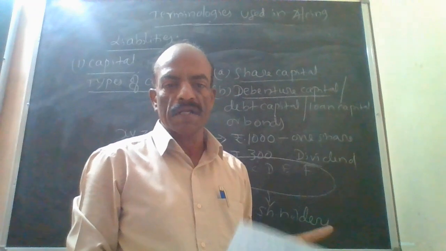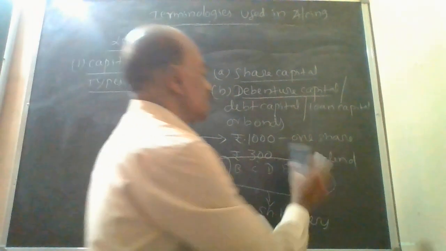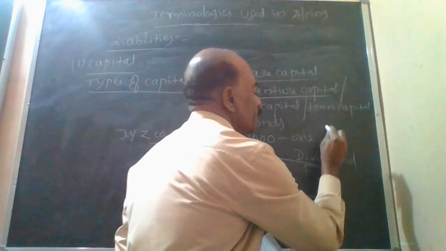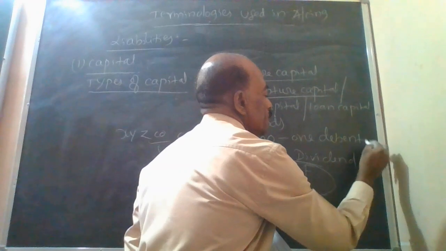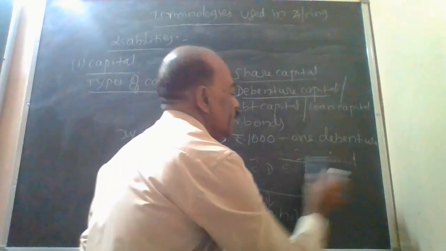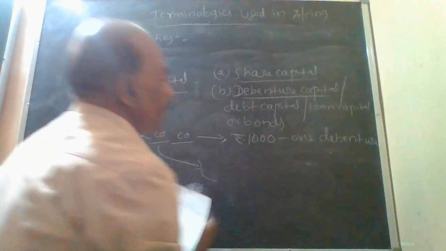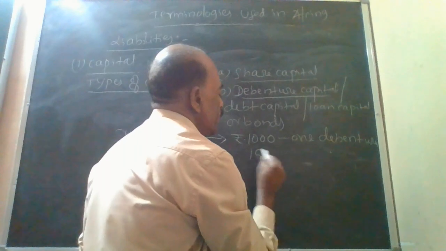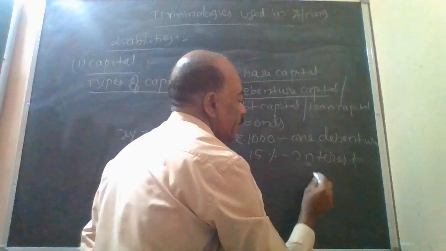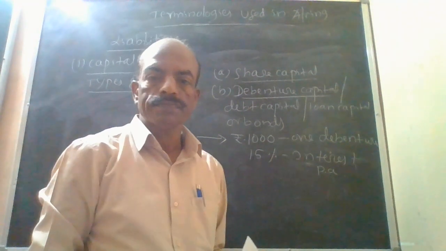They are giving advertisements in the newspaper that those who purchase one debenture of 1000 value will get the interest. 15% interest they are going to get per annum, per year.